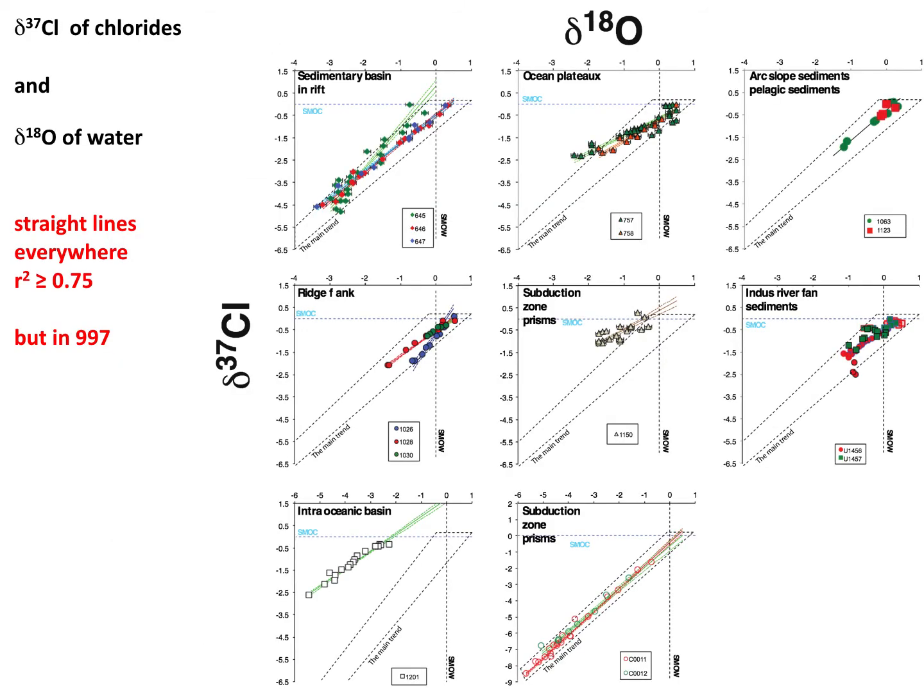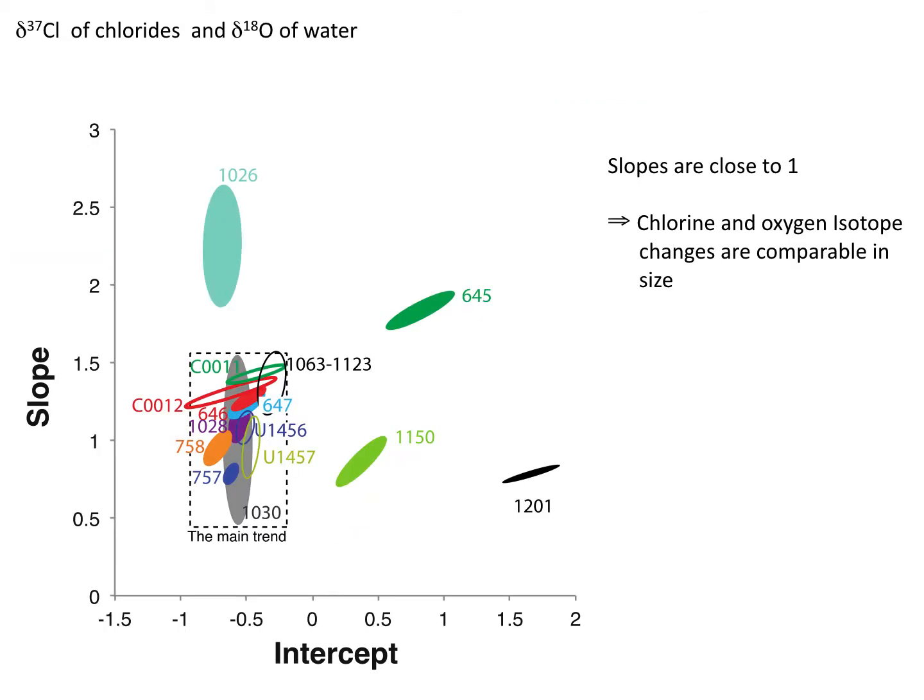On this figure, we can examine the individual correlations. They are very strong and very significant. The R squares are all above 0.75 and many are above 0.9. In this figure, we compare the ellipses at 86% probability of the slope and the intercept of these lines.